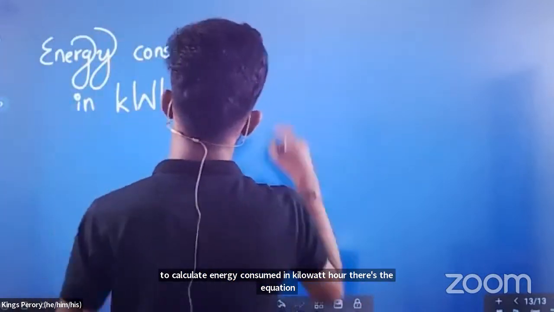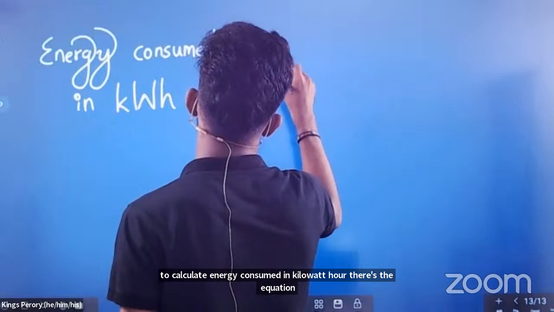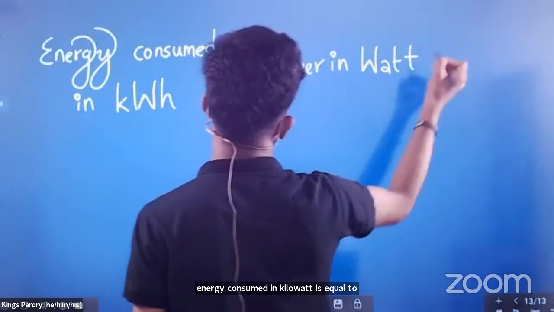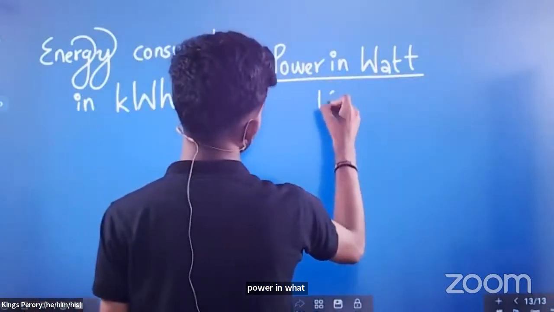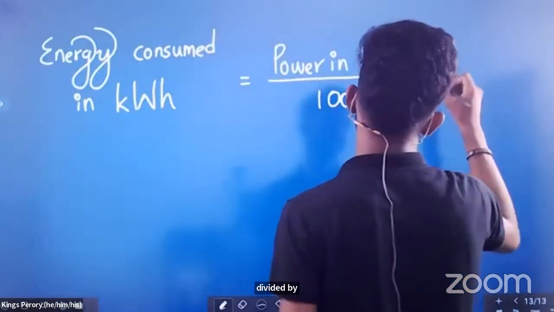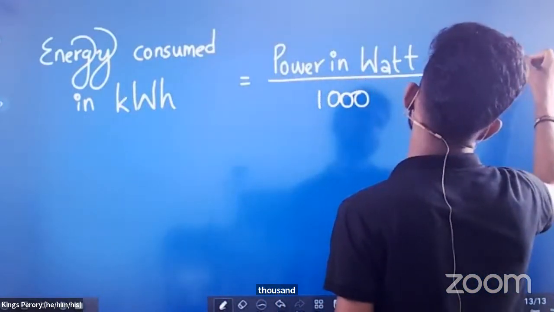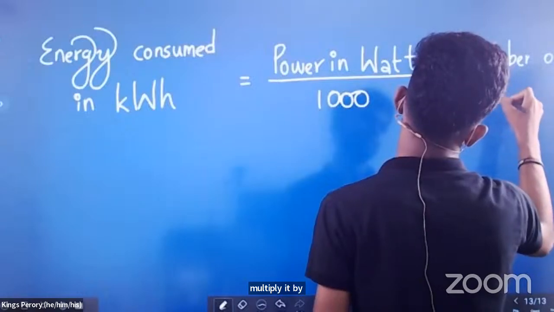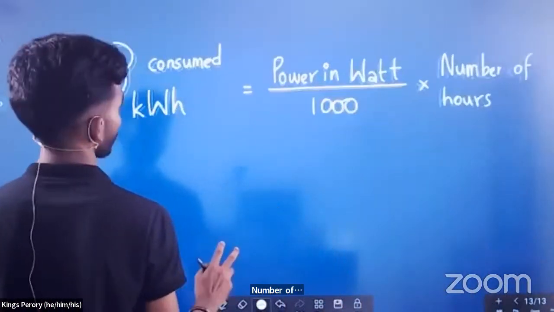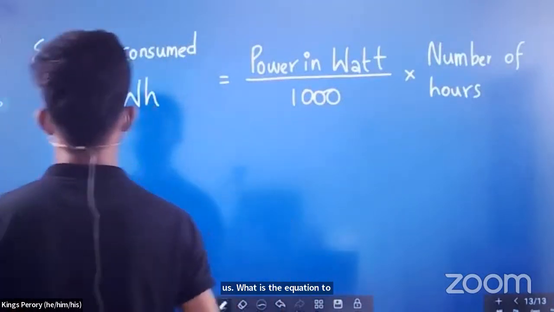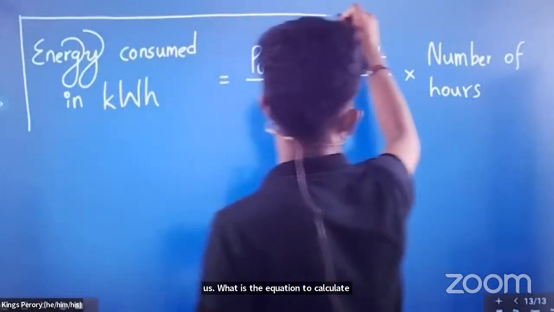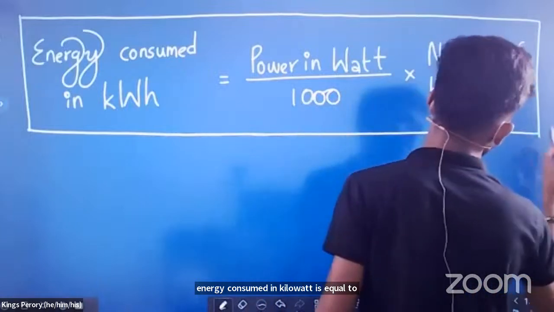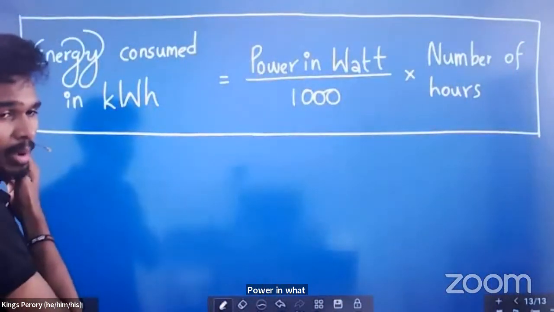Energy consumed in kilowatt hour is equal to power in watt divided by 1000 multiplied by number of hours.